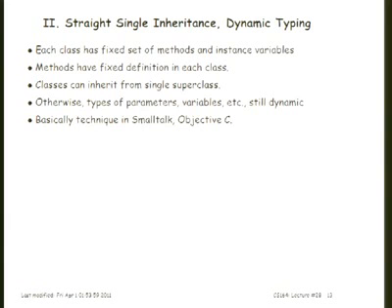For that matter, each instance has a fixed definition also, although it may have that as a container, or variable, and that variable may contain different values at different times. And in this scheme, we are allowed to inherit from one superclass, very much like what we're doing in the project. But otherwise, we're going to keep all the typing dynamic.